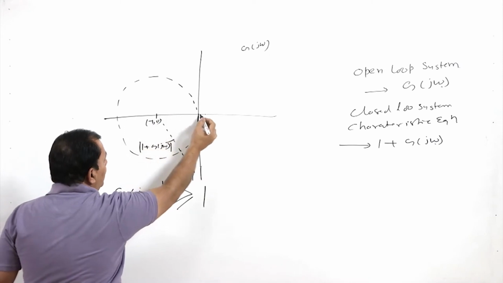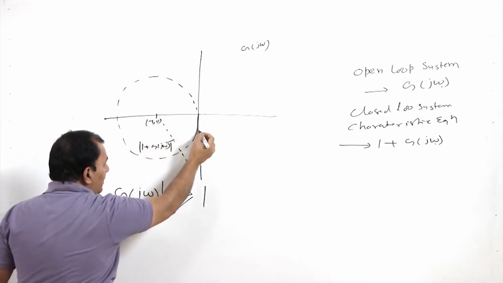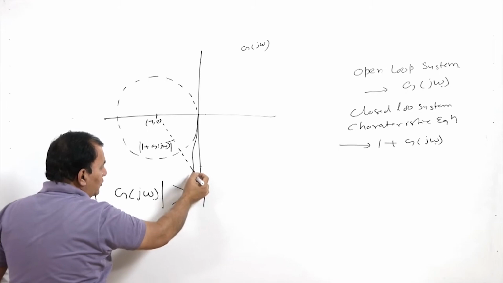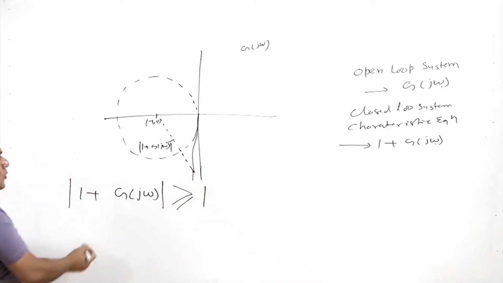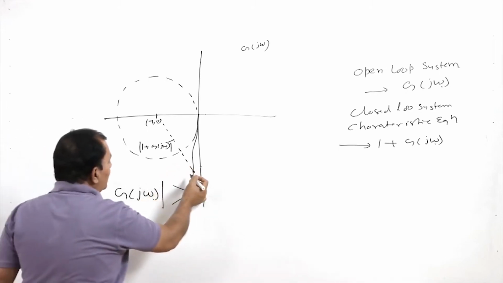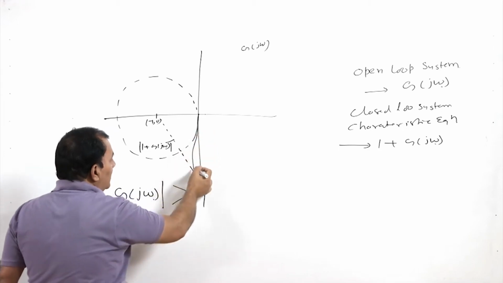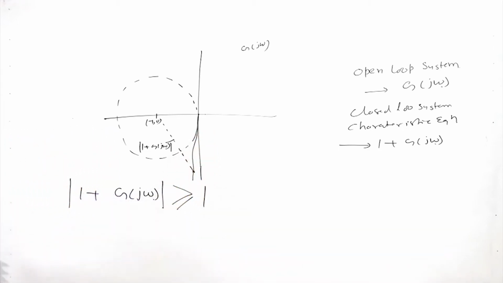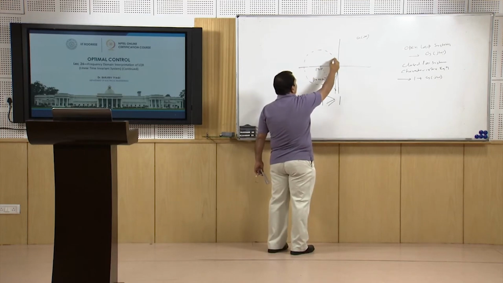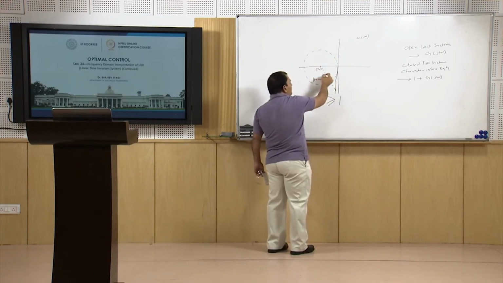At most it may be equal to unity and then go away. So nowhere is the G(jω) plot entering this circle, because this distance is always greater than or equal to unity.